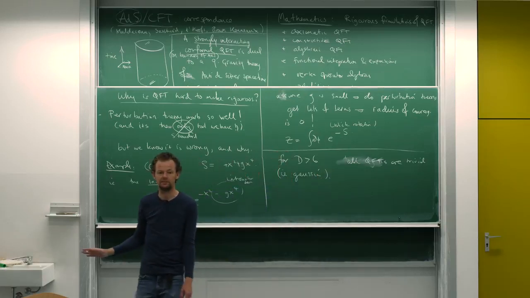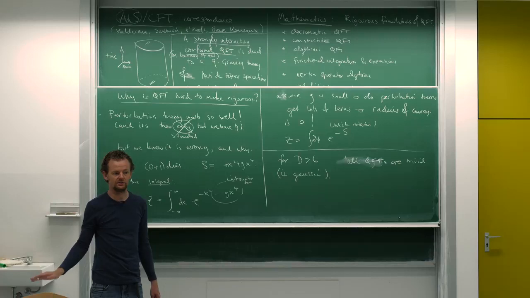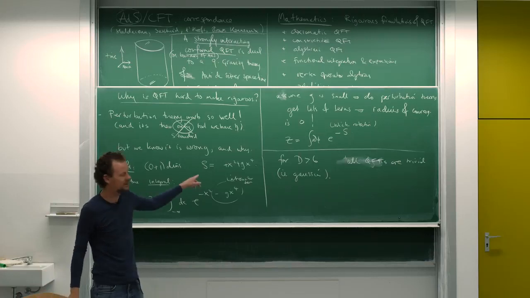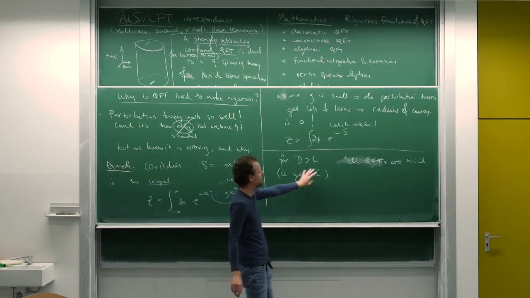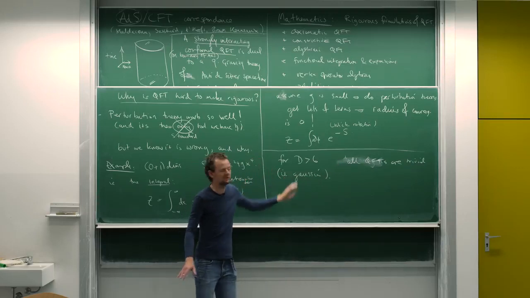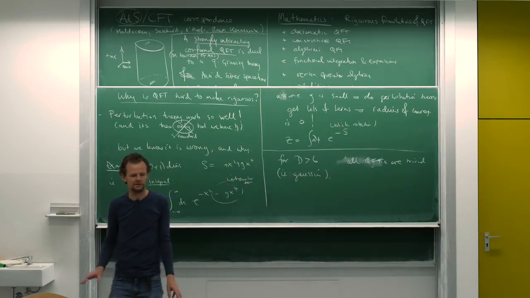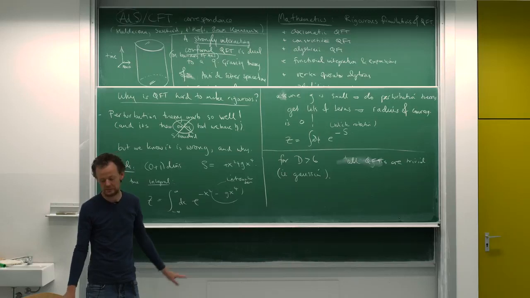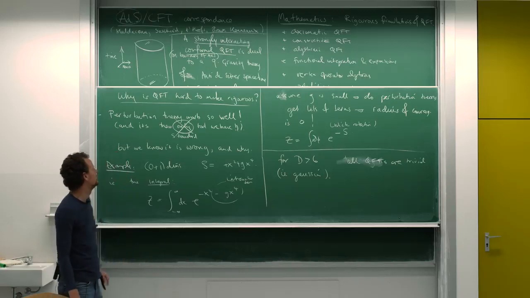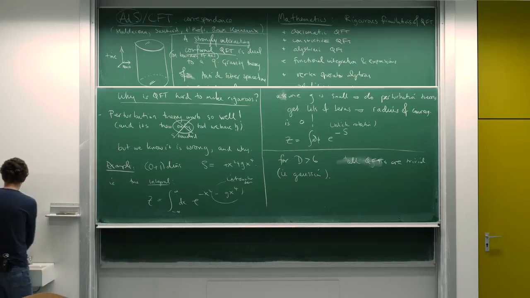So physicists believe, on the basis of renormalization group arguments, that if you go above 6 space-time dimensions, the only quantum field theories that will exist even at a physical level are ones that are trivial. So the only non-trivial ones can occur below 6 space-time dimensions. And that's also something that would require you to have a very good understanding of how interactions work with your theories. So that's also another reason why quantum field theory is hard to make rigorous.